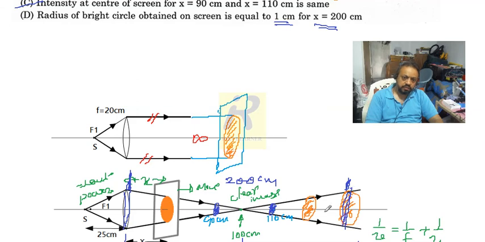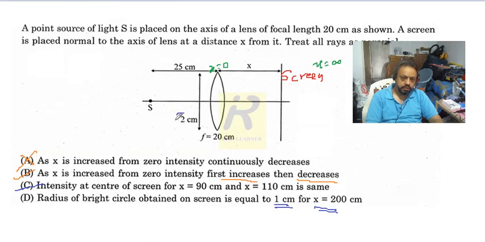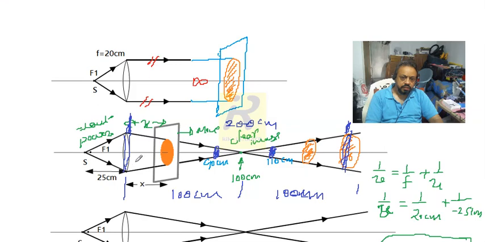This width is exactly the width of the lens. The aperture of the lens, which is given in the question, is 2 centimeter. See, this width is 2 centimeter. In this picture, if we say this width is 200 centimeter, then this width should be 2 centimeter. So the diameter is 2 centimeter.